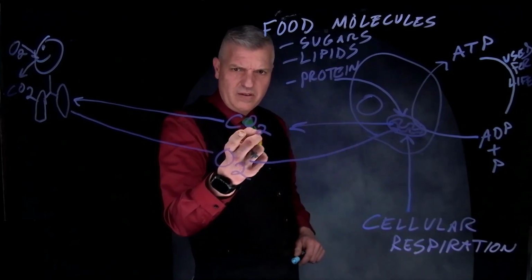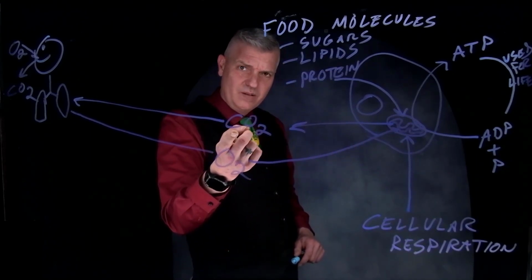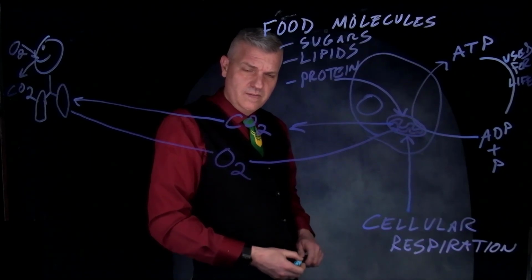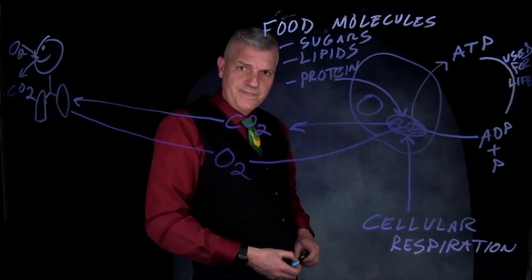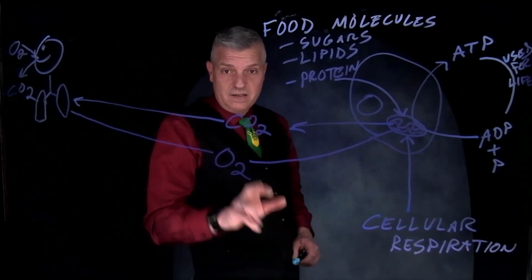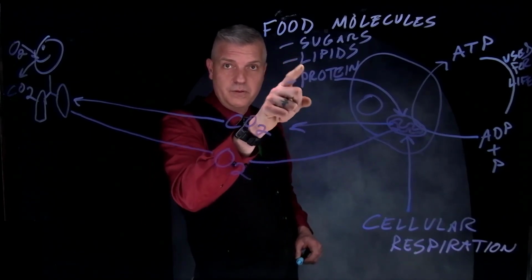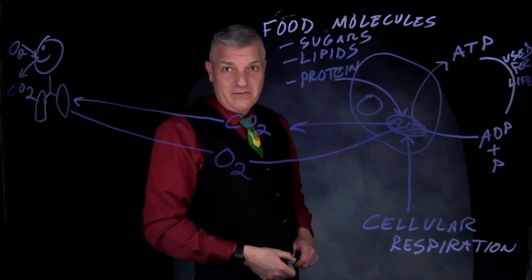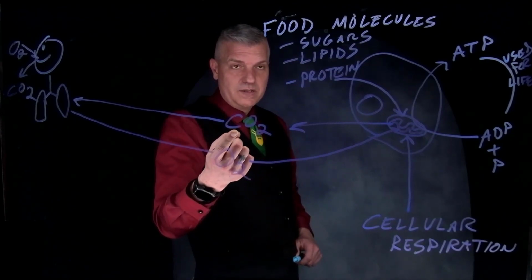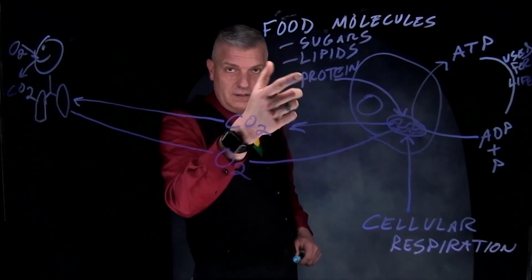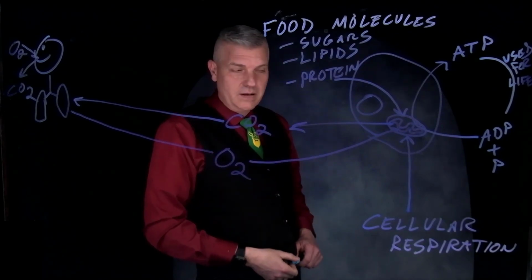Where's that CO2 coming from, by the way, exactly? Where's the carbon coming from? The answer is these carbon atoms are coming from the food. And I always think that's kind of fun. So the carbon is coming from the carbon skeletons in the sugars and the lipids and the proteins and whatever you ate last week or a couple days ago.